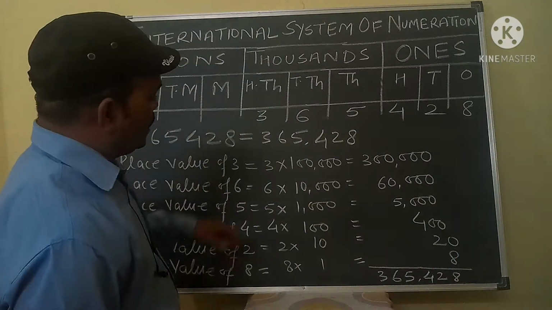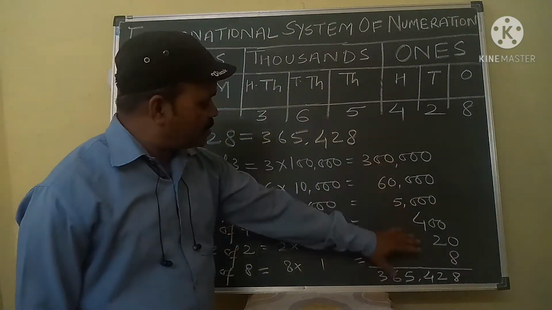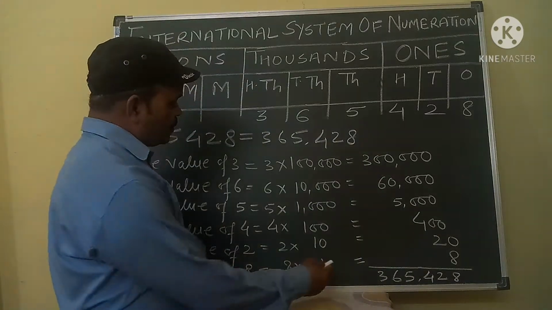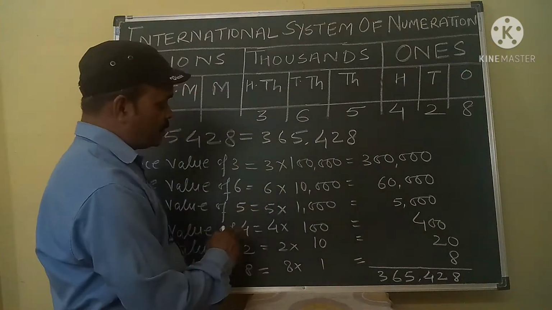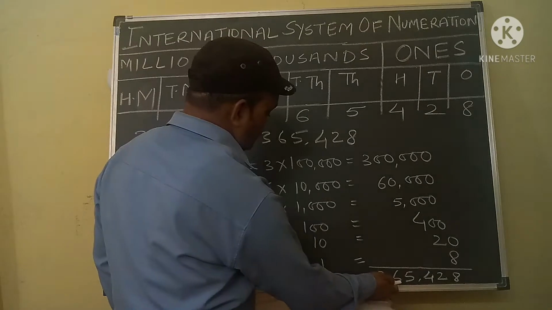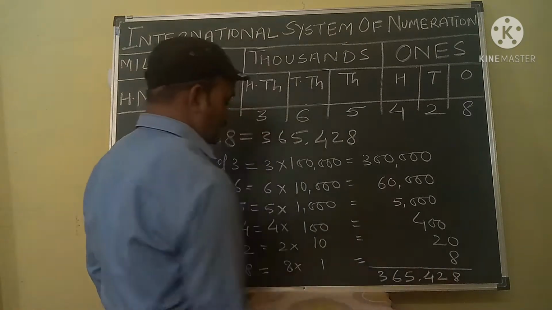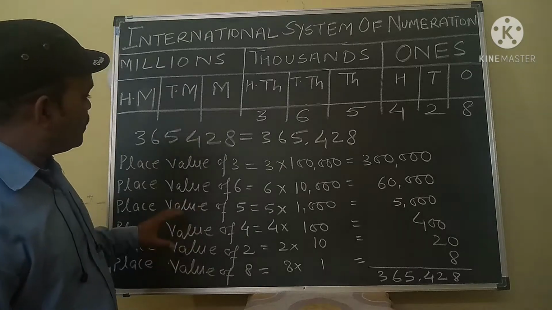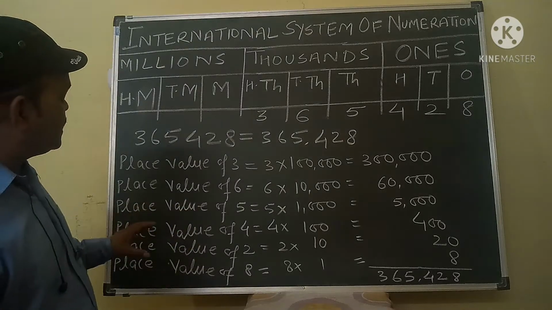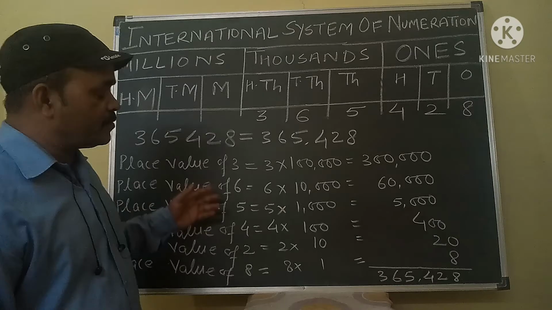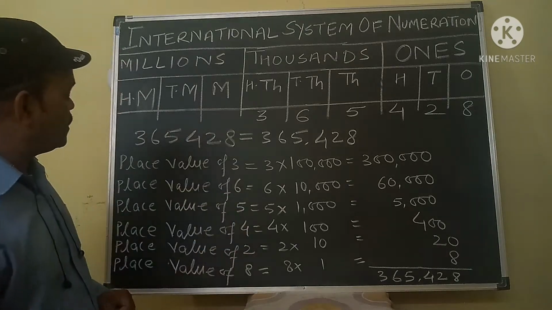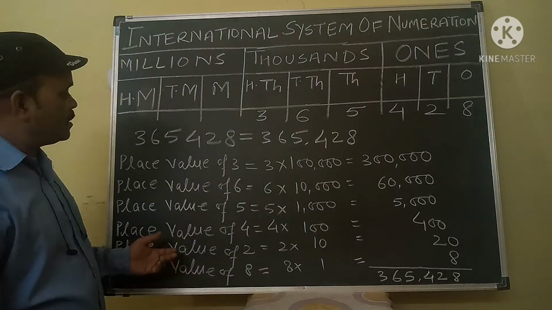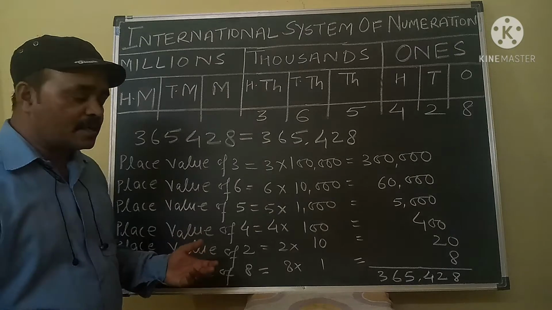Okay. And after adding all these numbers, you will get the original number, that is 365428. So this is the place value of each digit in the given number. Again, now what is your objective?